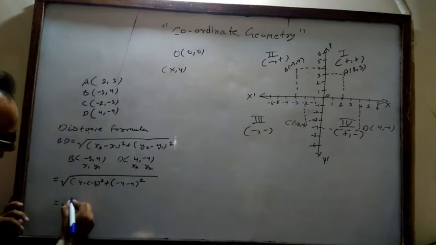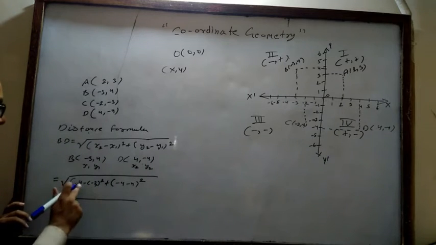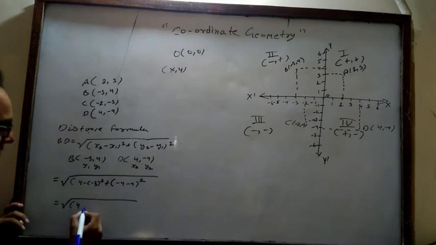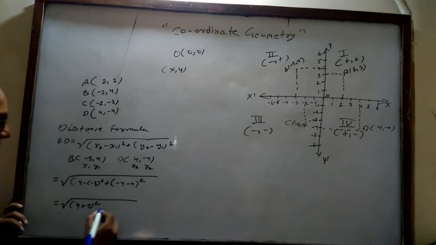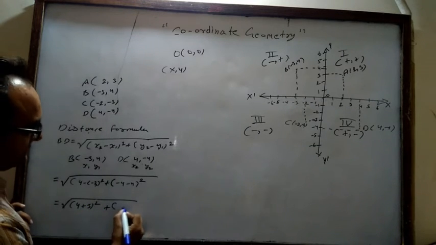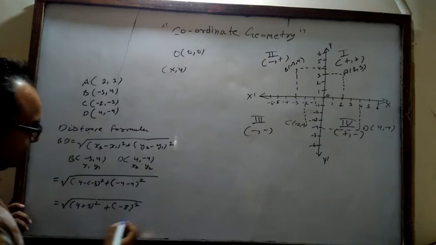Minus times minus is plus, so this is (4 plus 3) whole square plus (minus 8) whole square.